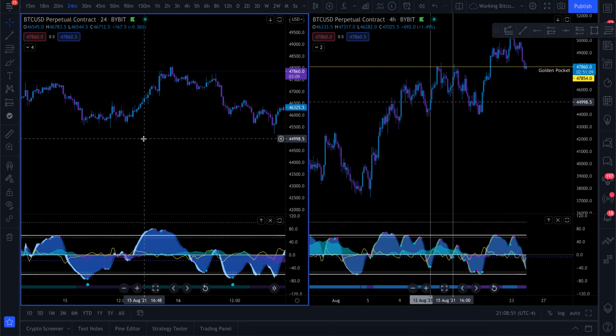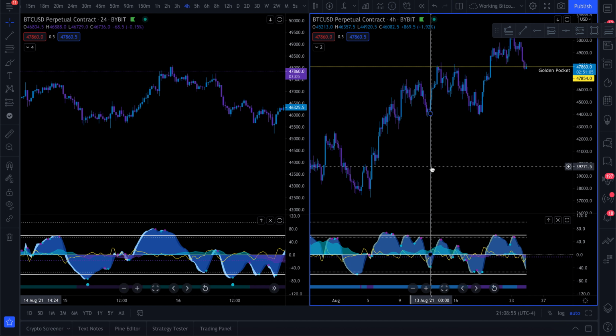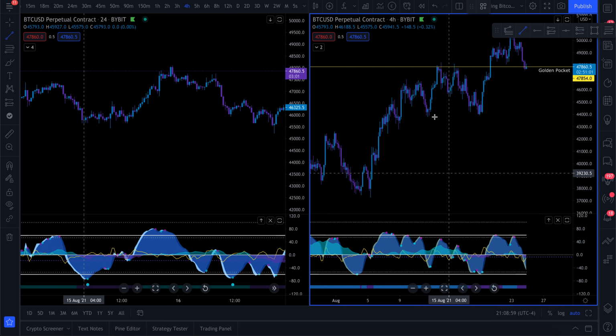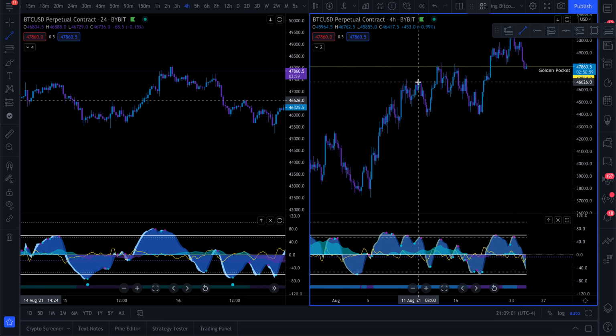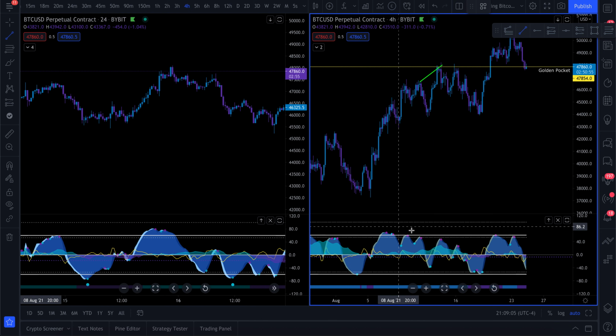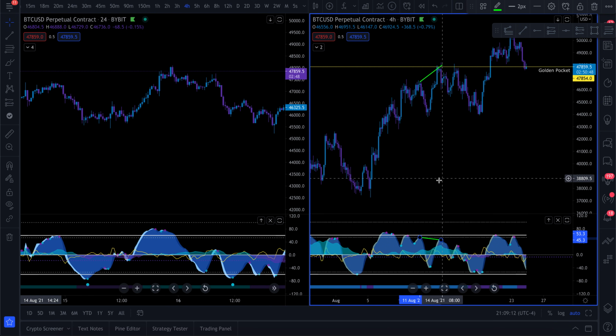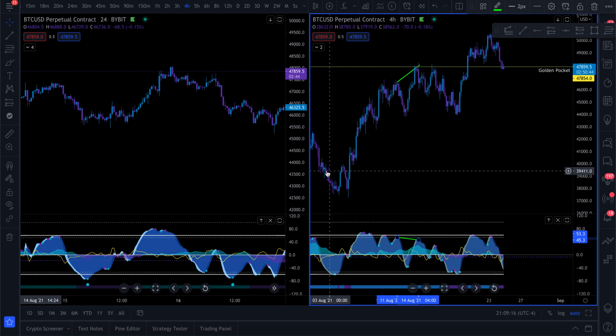Now, this can also work. It's a little bit more confusing here, but if you're in an uptrend and the 4-hour time frame prints something called a bearish divergence, which is where the price makes a higher high and yet the momentum makes a lower high, then you can actually use this strategy during an uptrend in reverse to get a really nice short.